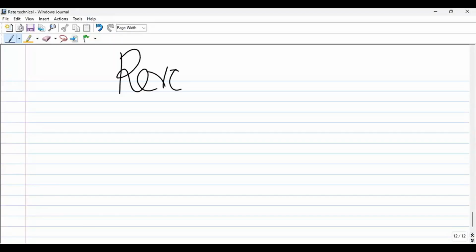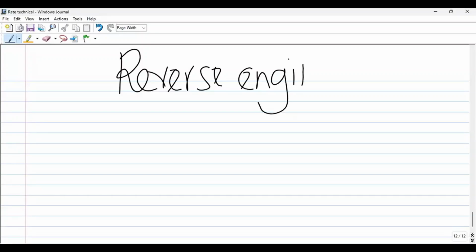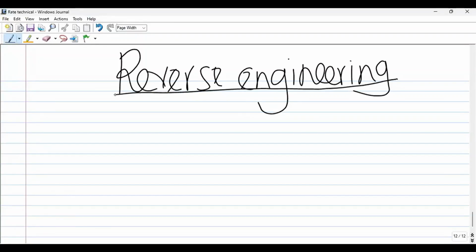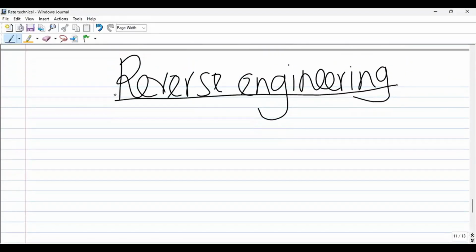Reverse engineering. Just like the name suggests, reverse, you are working backwards, seeing what you can reduce and what you can leave, because not all costs are going to be reduced. Some are going to be left the way they are. So with reverse engineering, they have given us shillings in thousands.